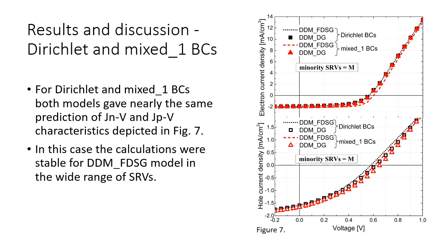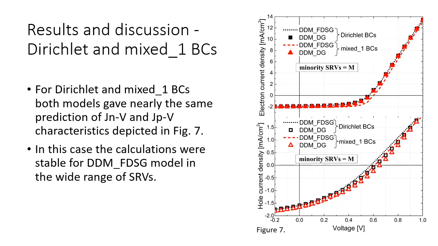In the lower graph, the hole current density Jp is set on the ordinate, and as above, the current values are calculated for both models and both types of boundary conditions, Dirichlet marked in black curves and mixed 1 boundary conditions marked in red curves.